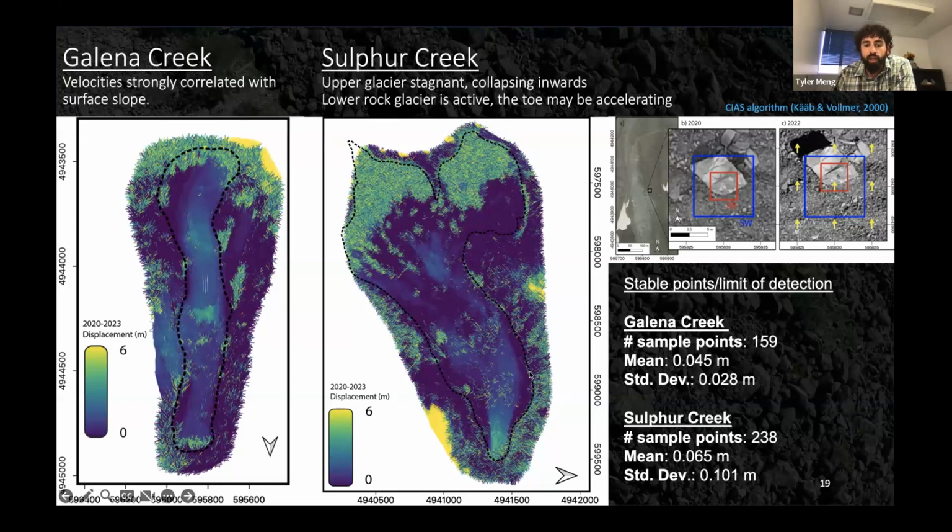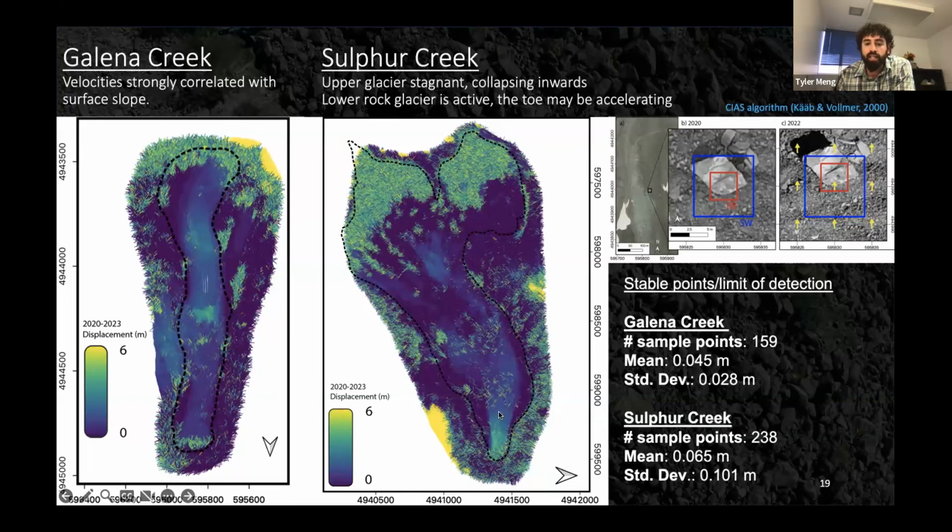Whereas getting down below this break in slope, this is the lower portion where there's less ice, and we've measured a lower radar wave speed down here, but it's actually more active and seems to be accelerating towards the terminus.